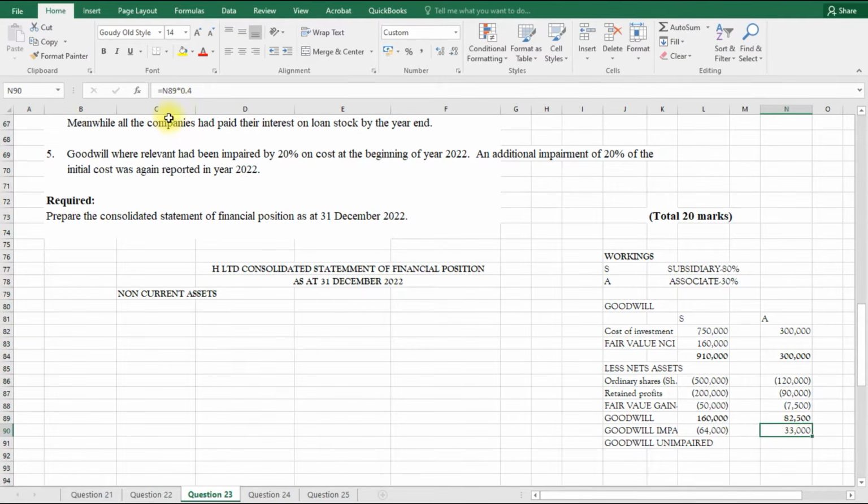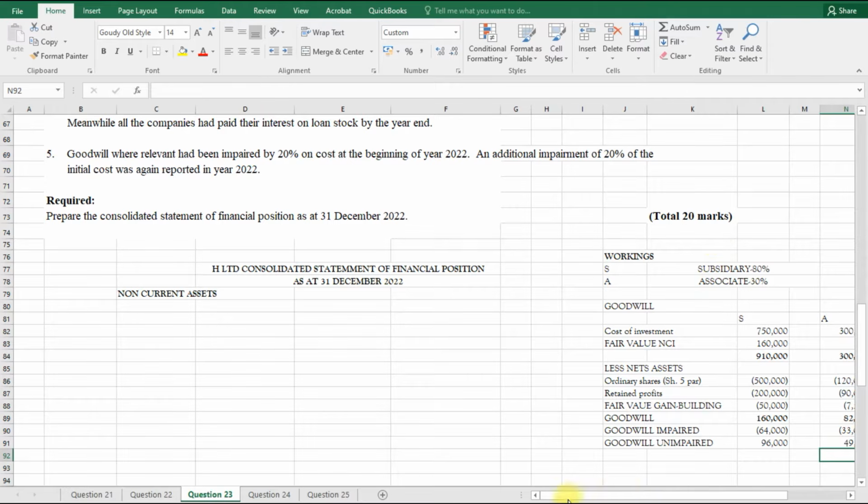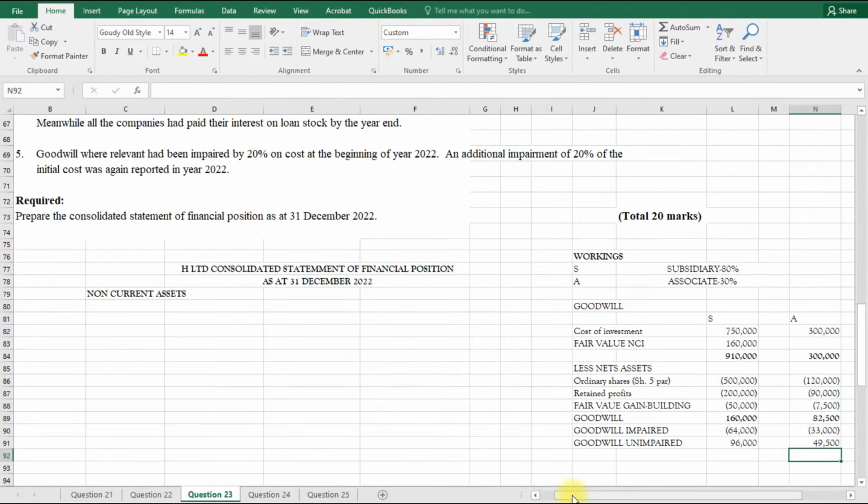Even this one, you include a negative sign here, so that here now we shall put alt equals the two of them, I enter, and the same here, alt equals the two of them, I enter. So those will be our goodwill that was not impaired.